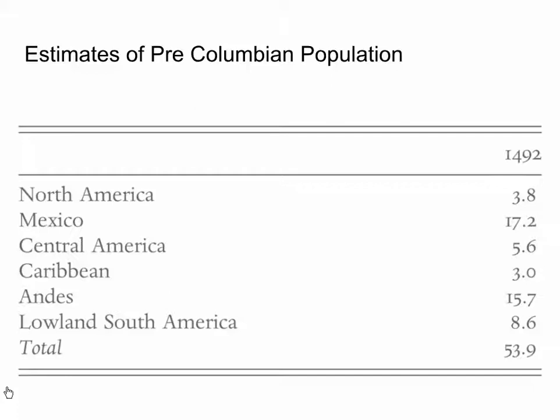The Central American mainland, probably 5 to 6 million. The Caribbean, roughly 3 million. The Andean chain, the Incan complex, about 15 million, almost as large as the Mexican population. And then the lowland interior regions of South America, about 9 million people. So again, overall, roughly 50 million people.